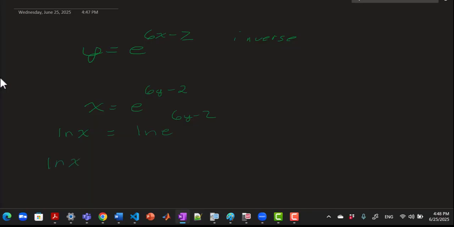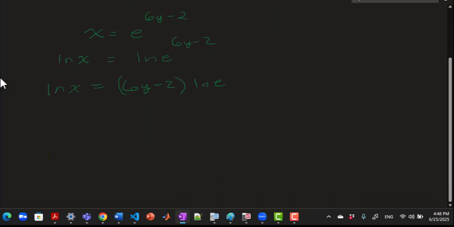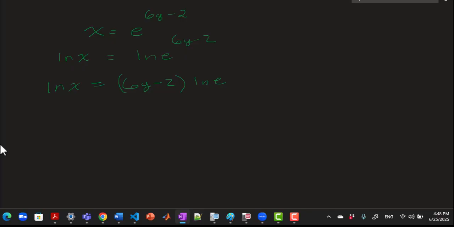So the natural log of x equals 6y minus 2 times the natural log of e. Well, the natural log of e is 1 because natural log means what power would you raise e to get that value in there, and the power you would raise e to get e is 1. So this is the natural log of x equals 6y minus 2.